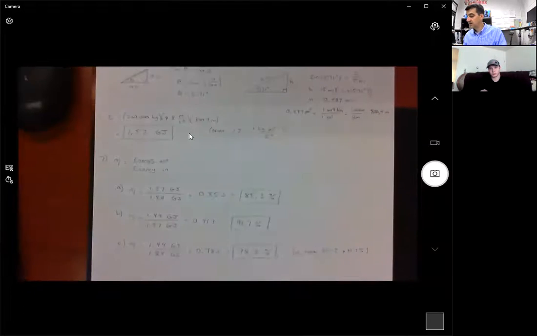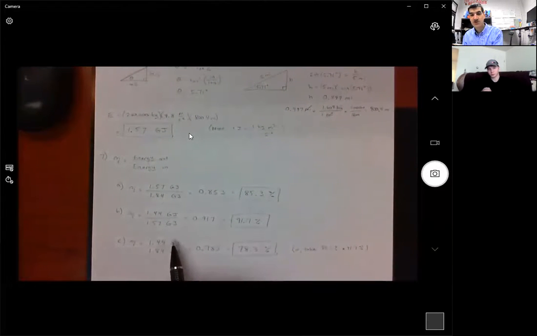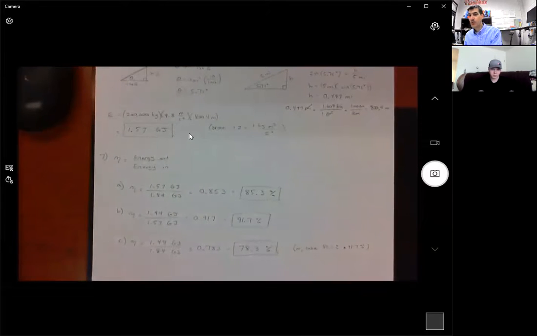To do that, I have to compare the amount that I got out, which was 1.44 gigajoules, compared to the amount that I initially put in. That's the electrical energy in, 1.84 gigajoules. And so when I compare those, it's 0.783 or 78.3%.